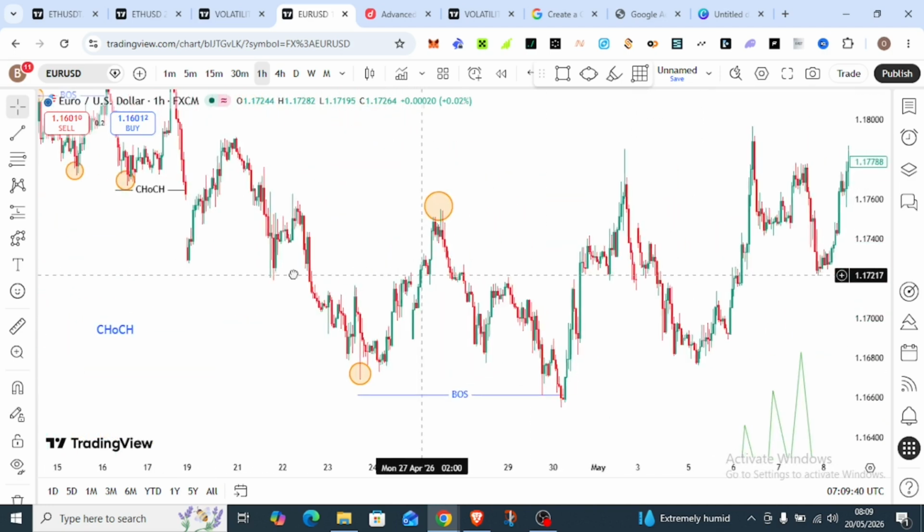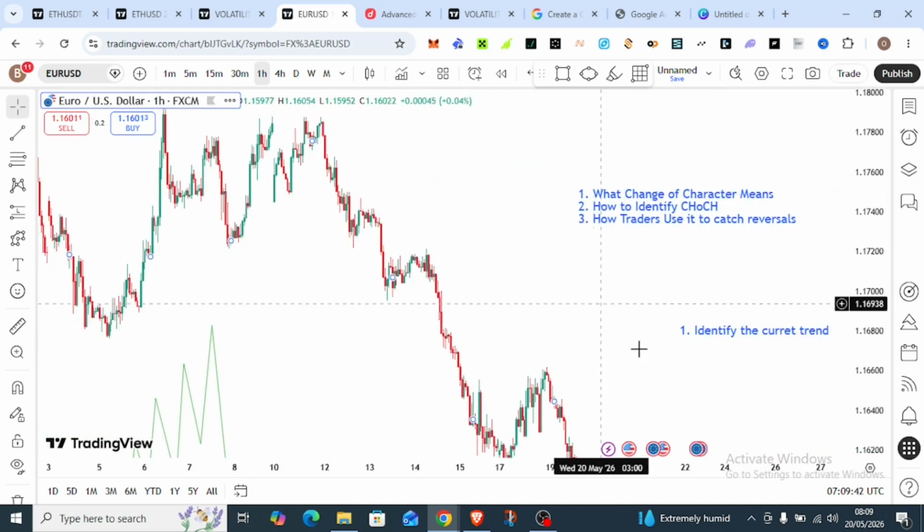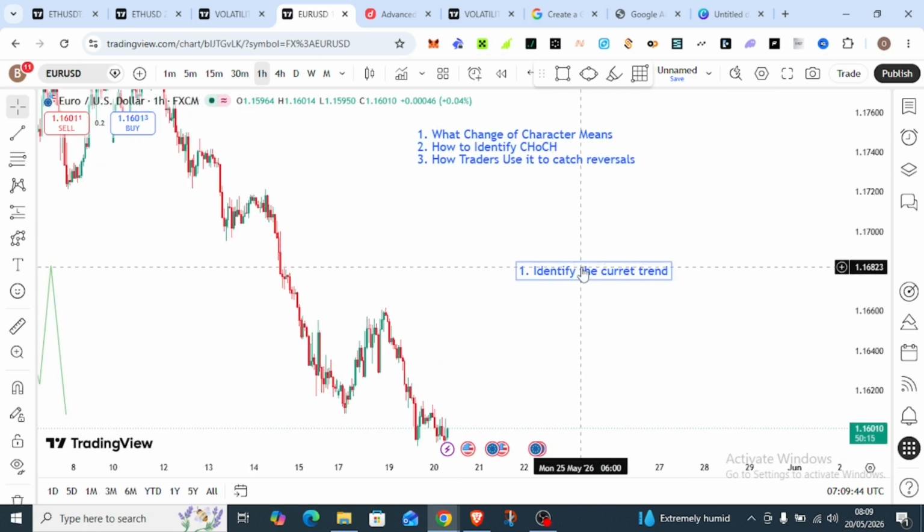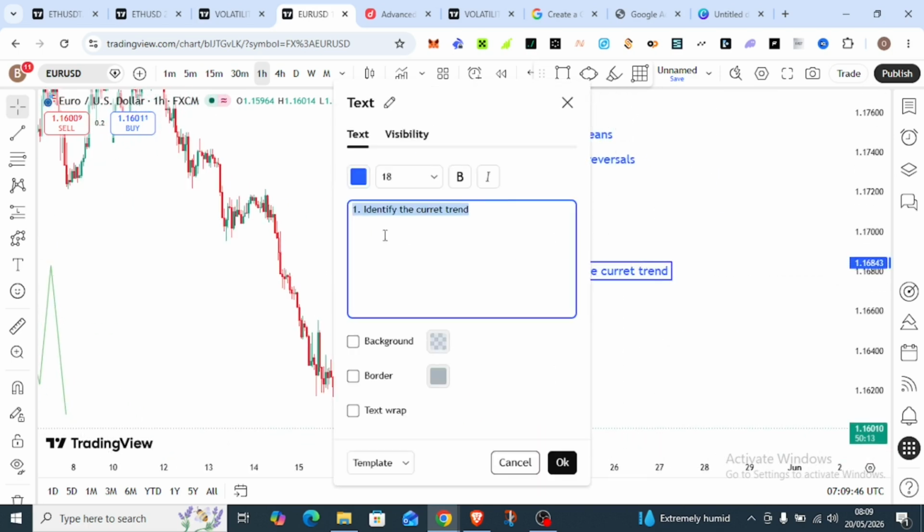So the number two factor you should look at is, watch for structure breaks. There must be a break of structure.